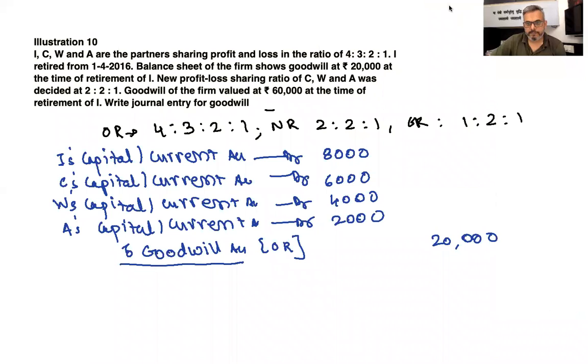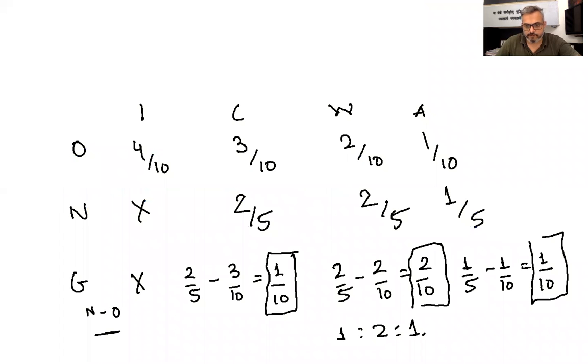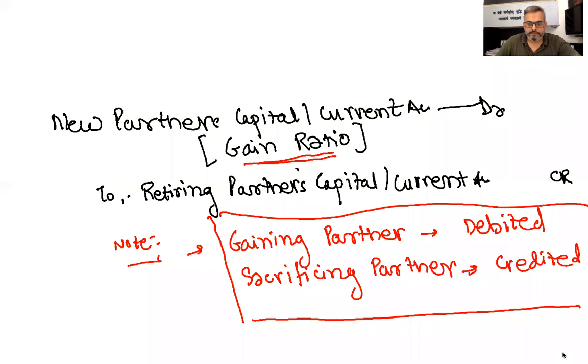Next. Now we have goodwill, new goodwill 60,000. So let's do some working. New goodwill is equal to rupees 60,000.